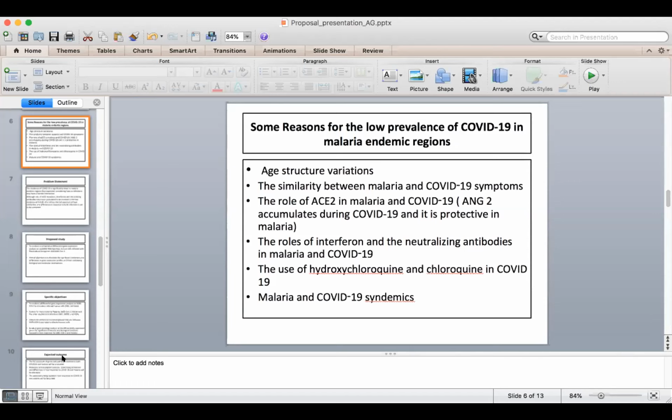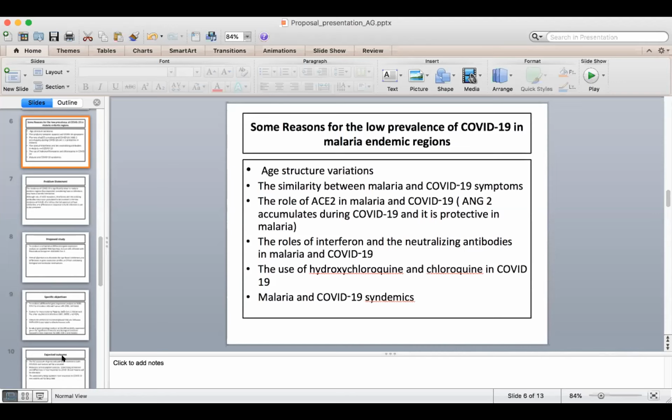And then the role of interferon and the neutralizing antibodies in malaria and COVID-19 has also been postulated to contribute to the low prevalence. And the use of hydroxychloroquine and chloroquine in COVID-19. There's a lot of controversy around that, but this may also contribute to the low prevalence as we keep treating people with these drugs in sub-Saharan Africa or malaria endemic regions.